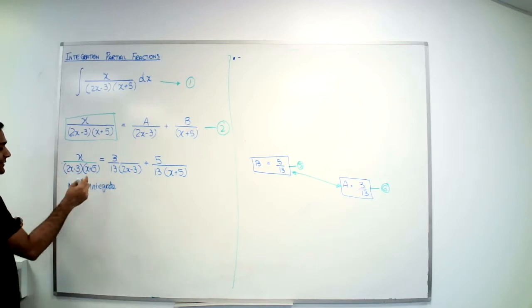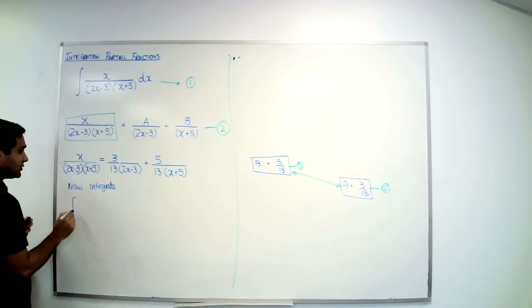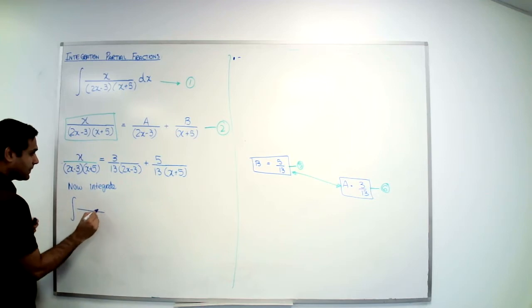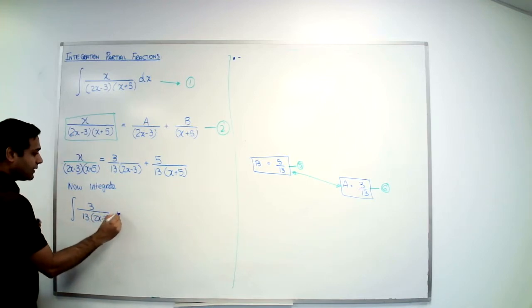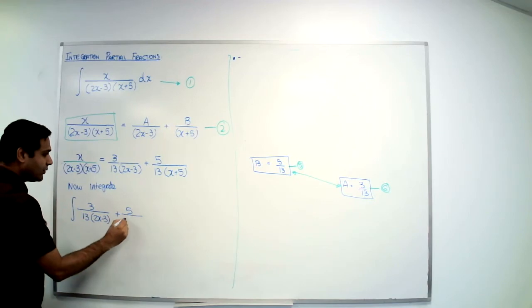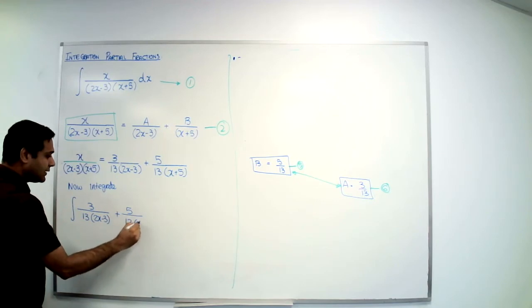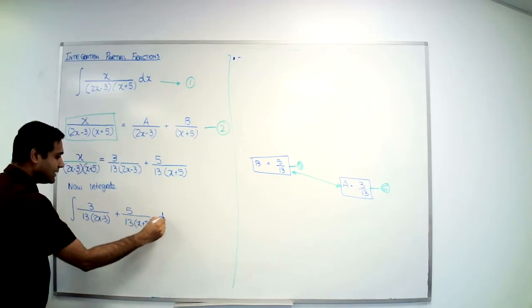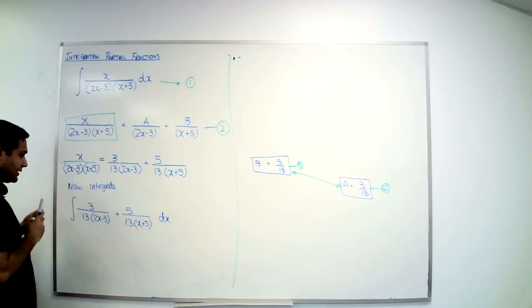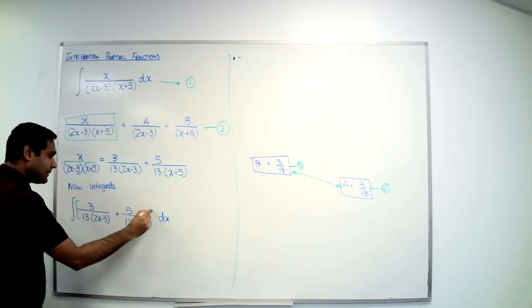So rather than integrating that side, I will integrate the other side. So integrate 3 over 13, 2x minus 3 plus 5 over 13, x plus 5 dx. So I need to integrate that bit.